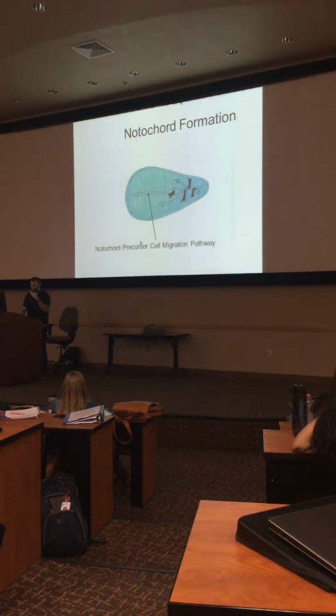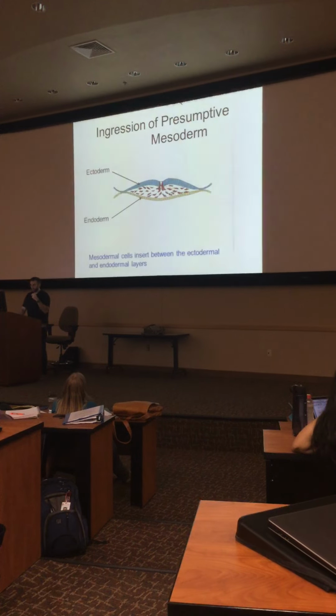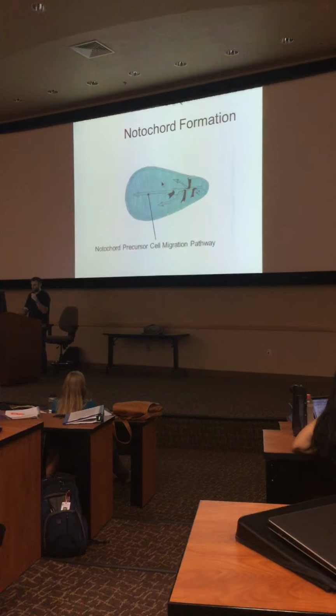So you still have this streak open up top, and where the actual primitive node was, the biggest part of it in the front part, you have all of these cells ingressing in here, so all these cells are doing this. Where the biggest part is, right here, you'll have special type cells that also invade in there. They're part of the epiblast. You don't have to worry about what's special about them.